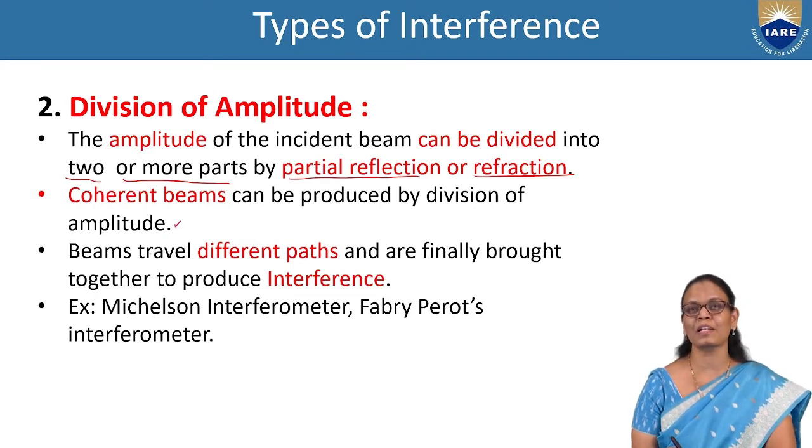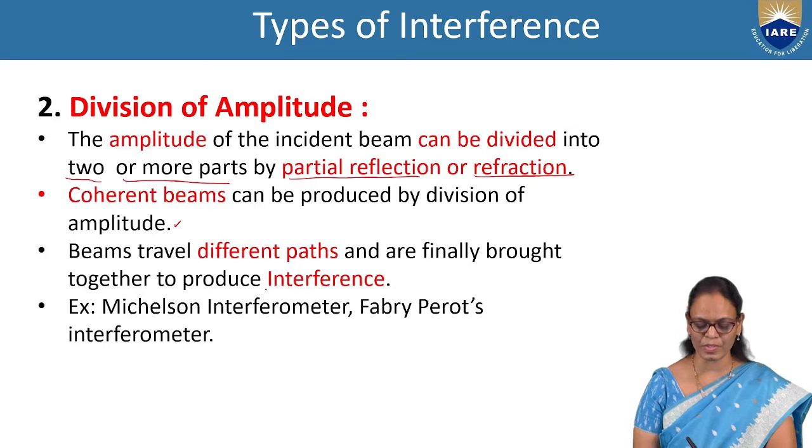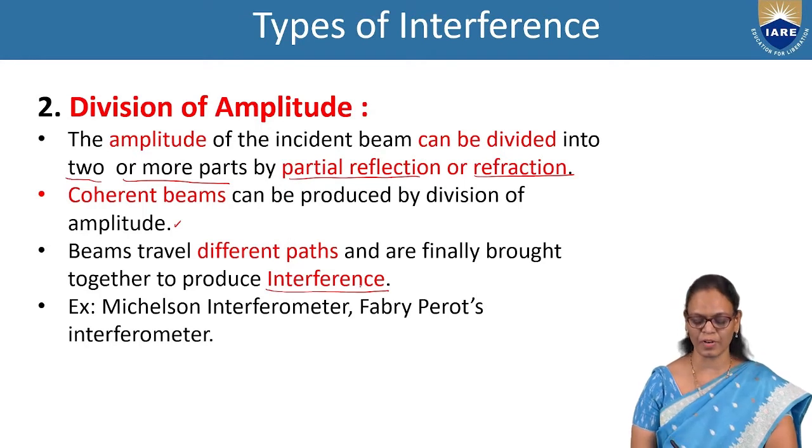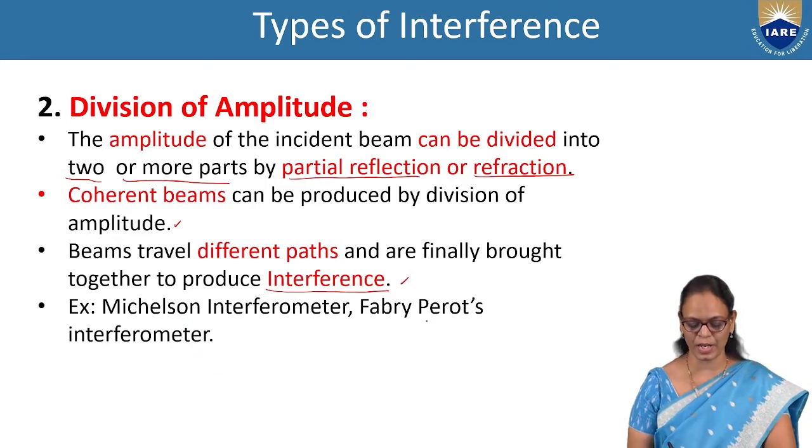These beams travel different paths and are finally brought together to produce interference. When the beams travel different paths and finally interfere with each other, we get the interference pattern. The best examples here are the Michelson interferometer and the Fabry-Perot interferometer.